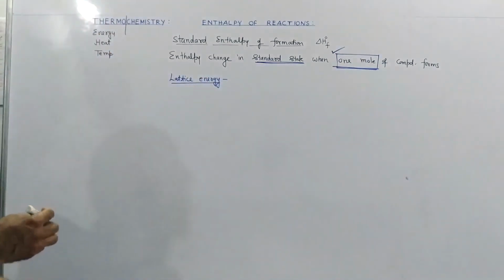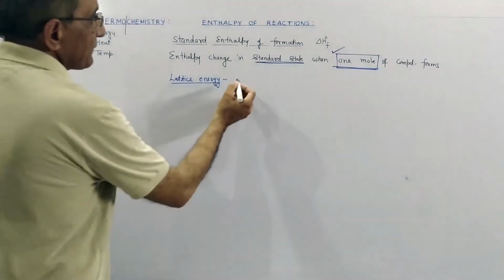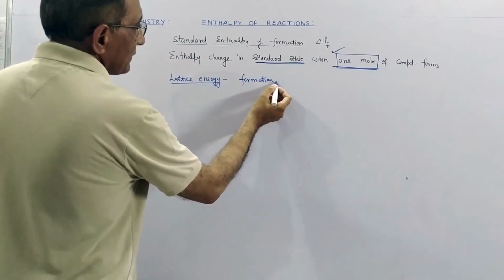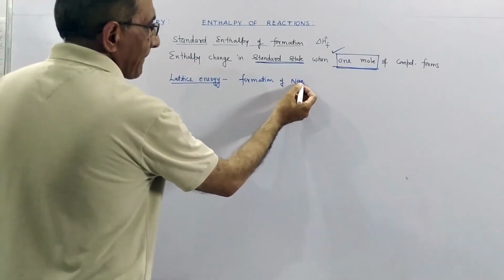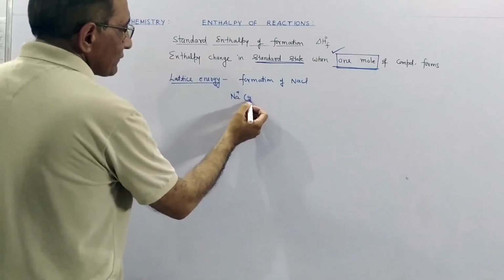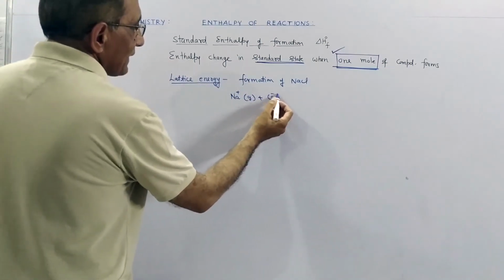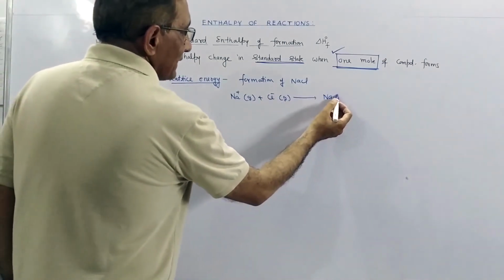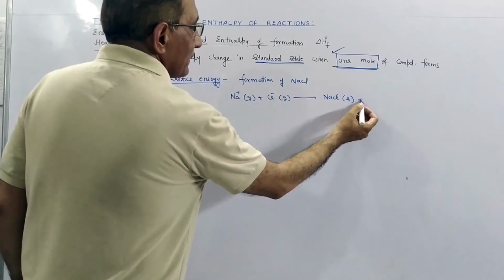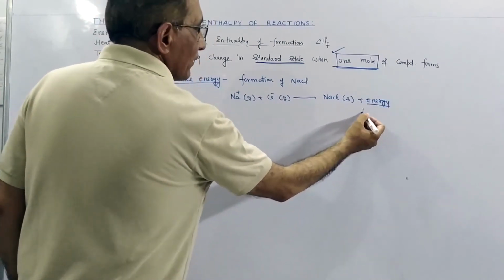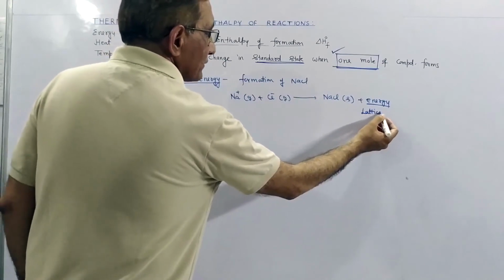So what is lattice energy, students? Suppose we want to discuss the formation of NaCl. Then we have sodium ion in gaseous state, Cl ion in gaseous state. Then we are getting NaCl solid. And whatever energy is released here, this energy is called lattice energy.